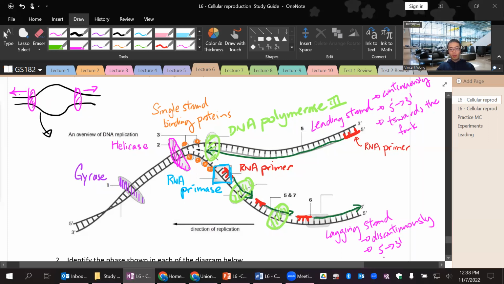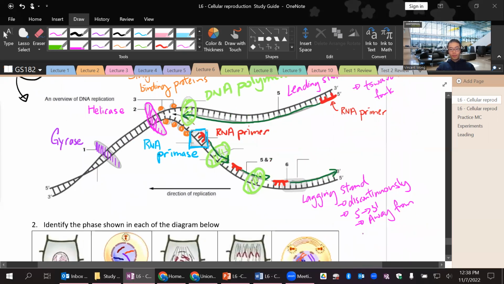It's not going backwards or anything. And it's away from the fork. The fork. Okay. All these fragments, you might remember the name, right? The Japanese scientist, Okazaki. Fragments.